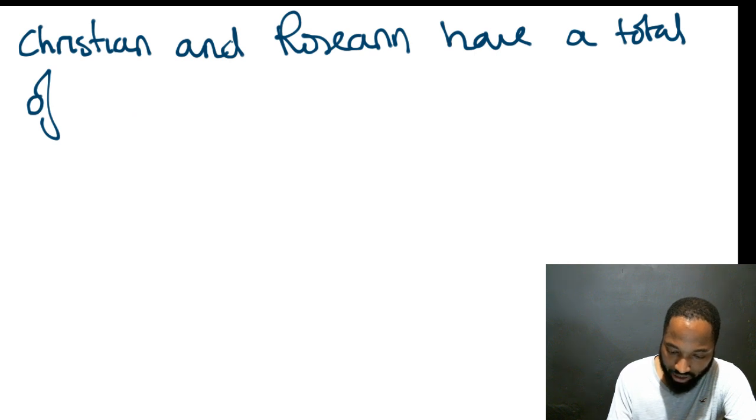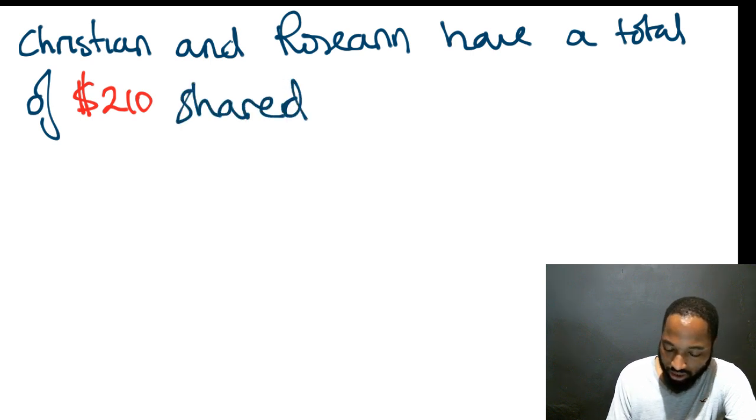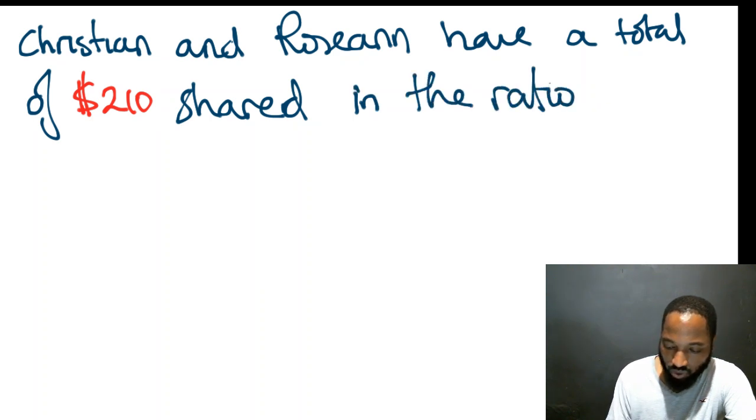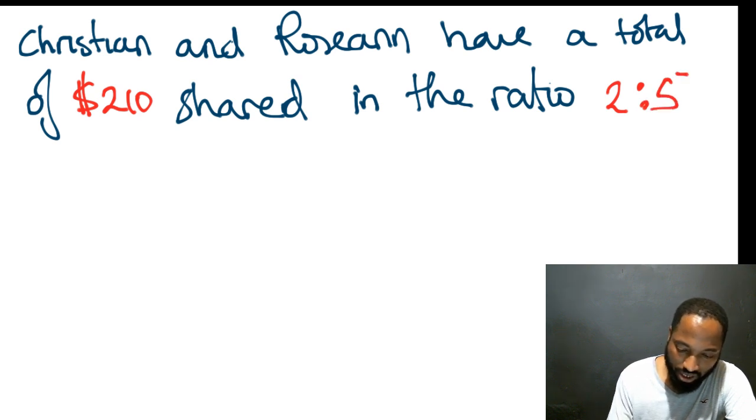Let's put this in red because this is important. $210 shared in the ratio, or proportion, 2 to 5. Let's put that in red too, because that's the next important information that I want you all to see. 2 to 5. How much money do they each have?